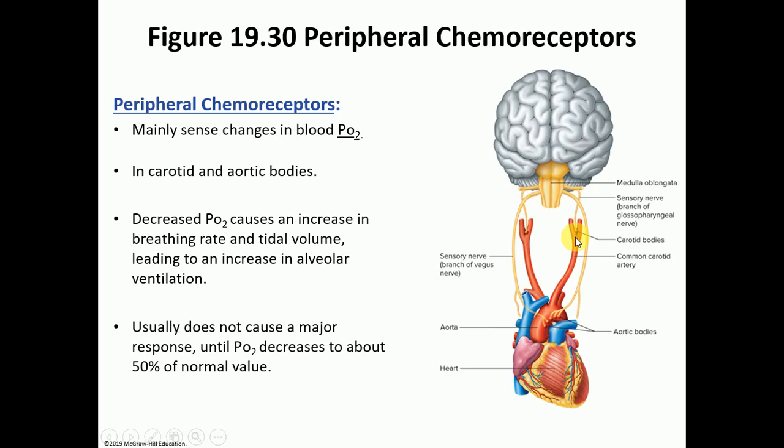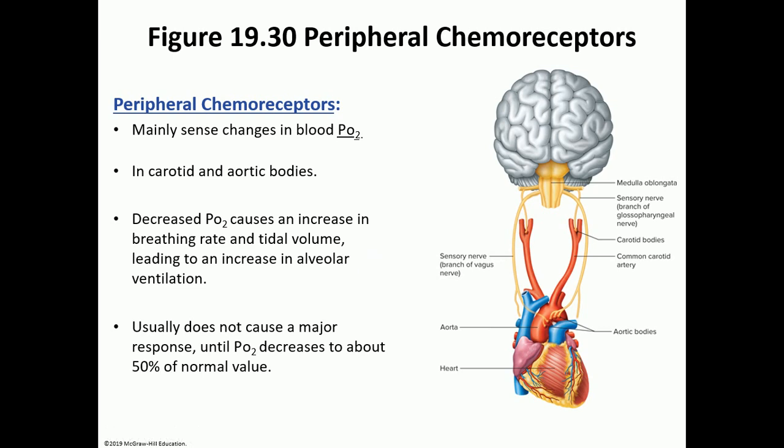Okay, so these are very strategic areas where these chemoreceptors are found. Okay, any decrease in the pressure of oxygen, that means that there's not enough breathing, and that is going to stimulate breathing. It's going to stimulate the alveolar ventilation, which is basically stimulating the breathing rate.